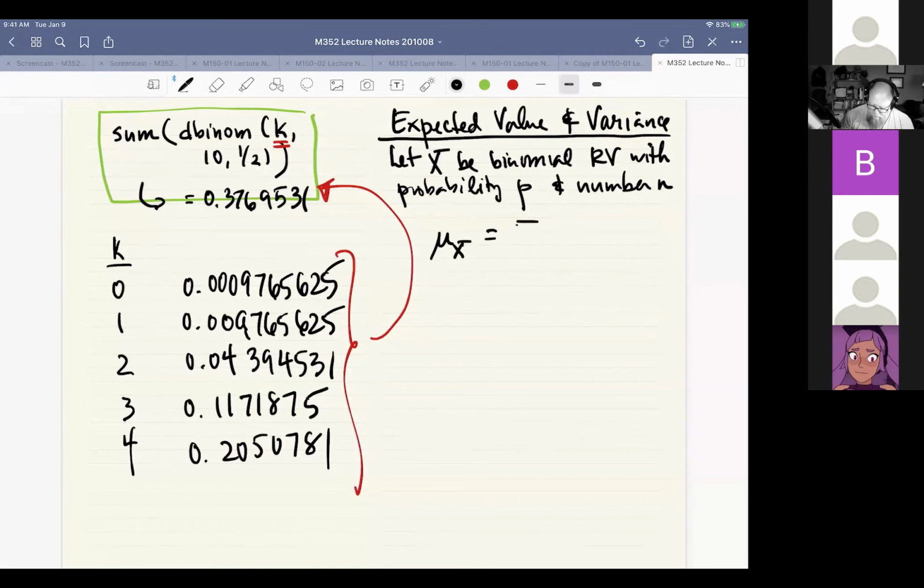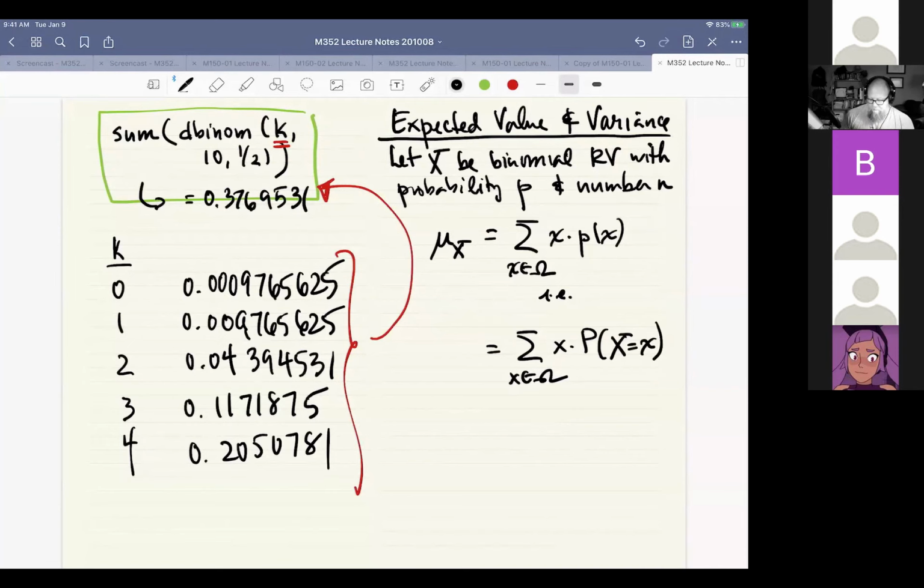Well, we know that the expected value is the sum over all possible outcomes of the outcome times the probability mass function, the probability of that outcome. Written in another way, it's the sum over all the outcomes of the outcome times the probability that my random variable attains that outcome.